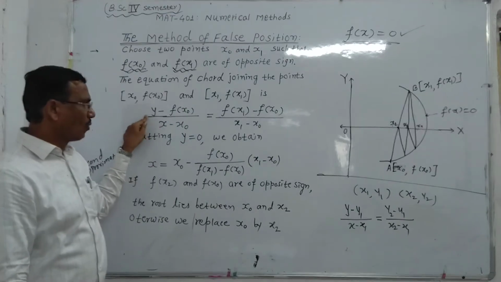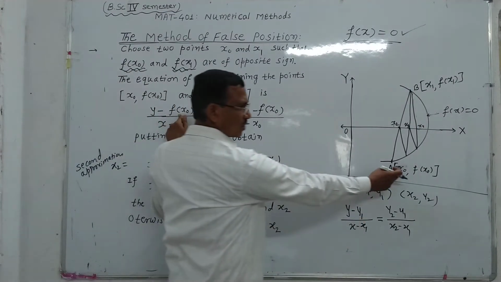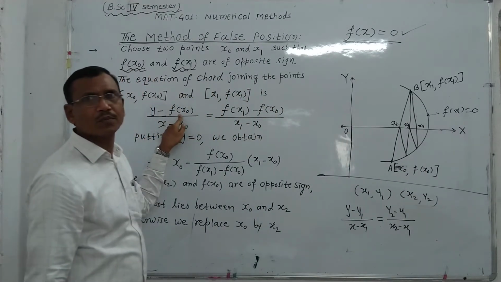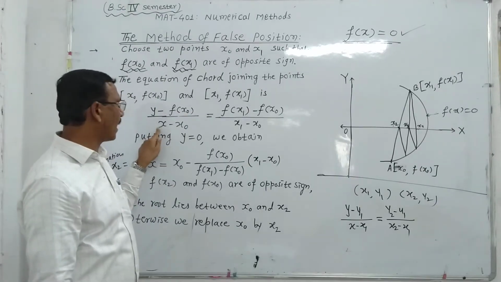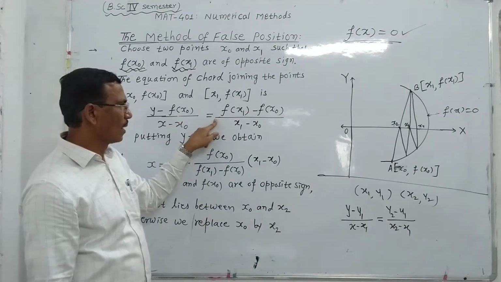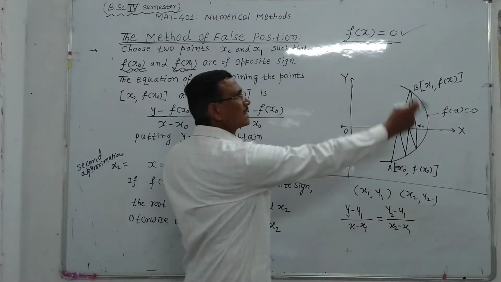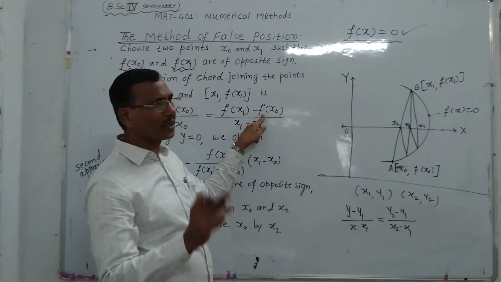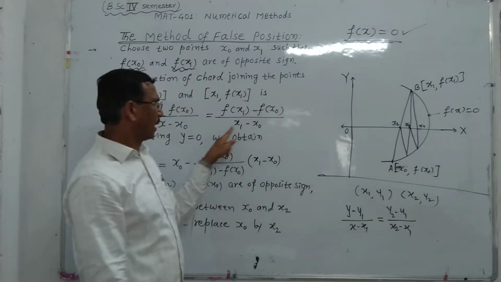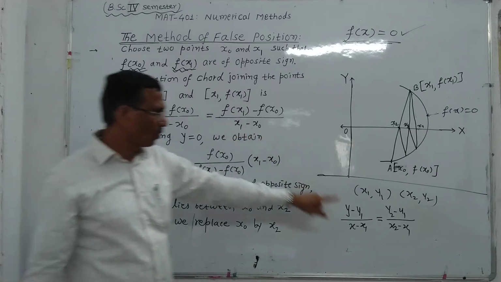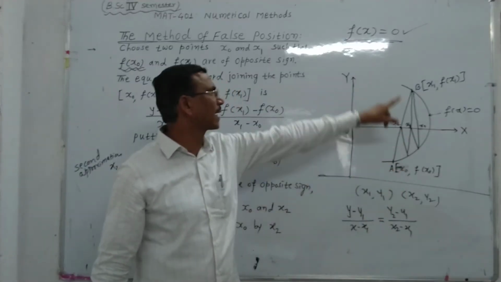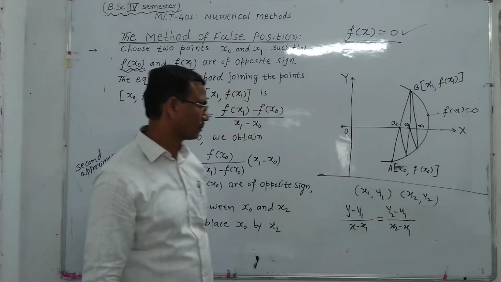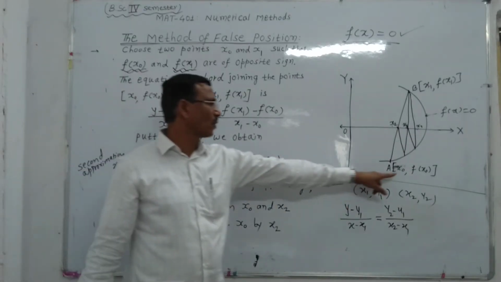The equation of the chord AB comes to be (y - f(x0))/(x - x0) = (f(x1) - f(x0))/(x1 - x0), where y1 means the first y coordinate f(x0), y2 means the second y coordinate f(x1), and the first point is x0.